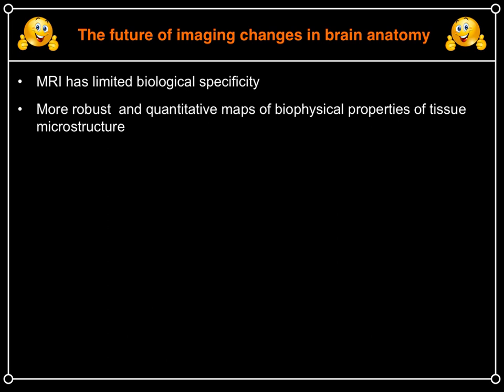So what we need is more robust and quantitative maps of biophysical properties. Some of these methods, like T1 weighted images, are qualitative images. Qualitative images are basically pixel intensities rather than measures which have physical units. Diffusion MRI, for instance, is a more quantitative measure because the unit is millimeters squared per second.